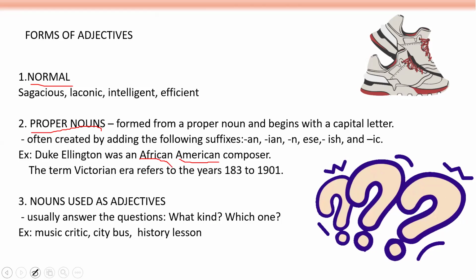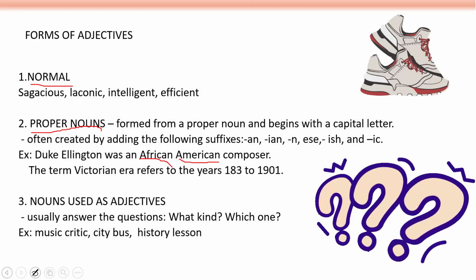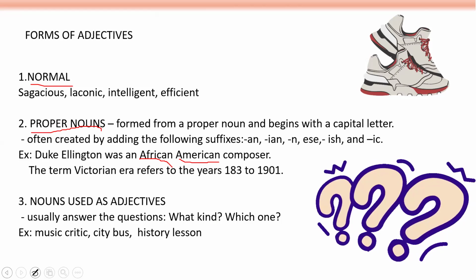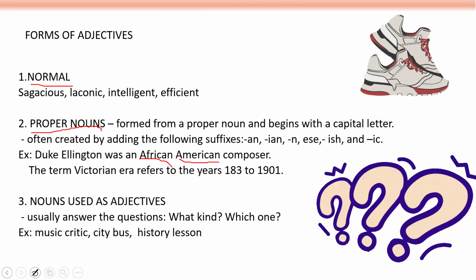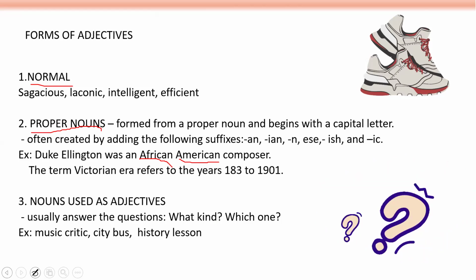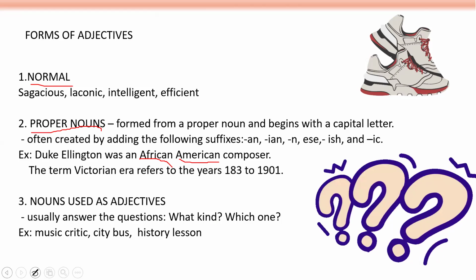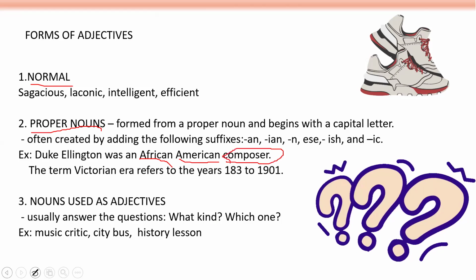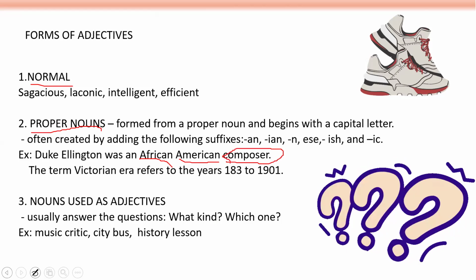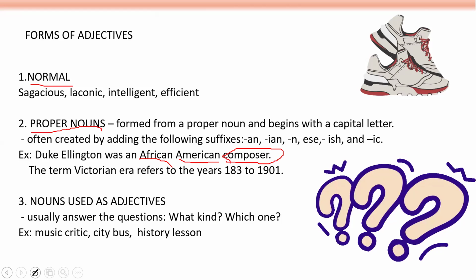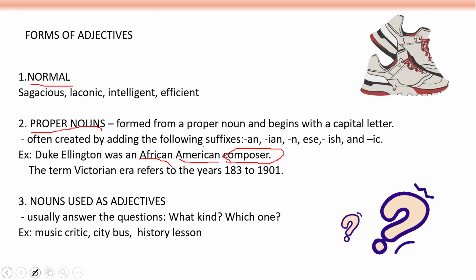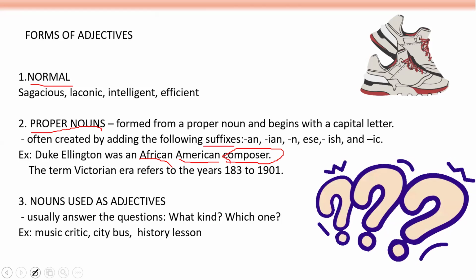These two adjectives are actually proper nouns. That's why they're capitalized, oh. African American. But it modifies the word composer. Okay? Usually, proper nouns would add suffixes in order for them.